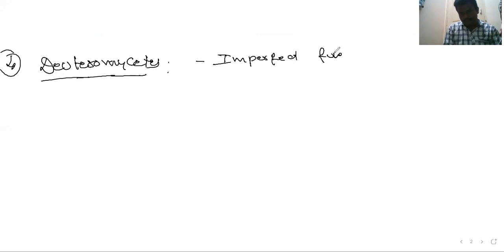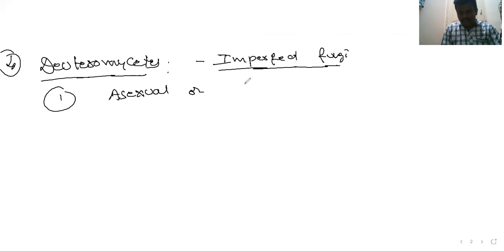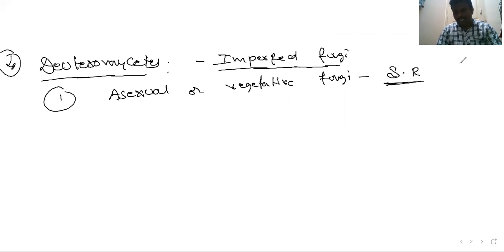They are commonly known as imperfect fungi because only the asexual or vegetative phases are known. Sexual reproduction has not been observed so far. That's why it is called imperfect fungi.